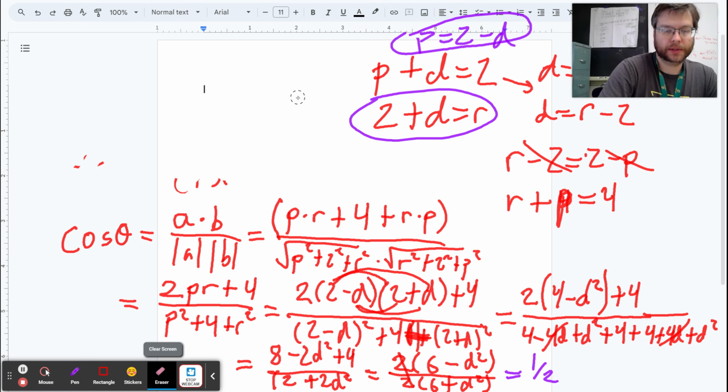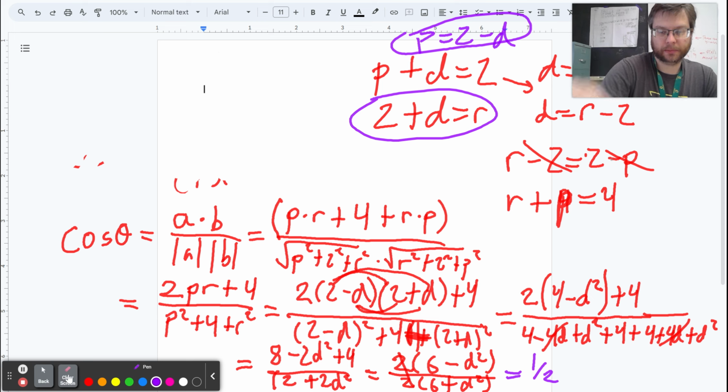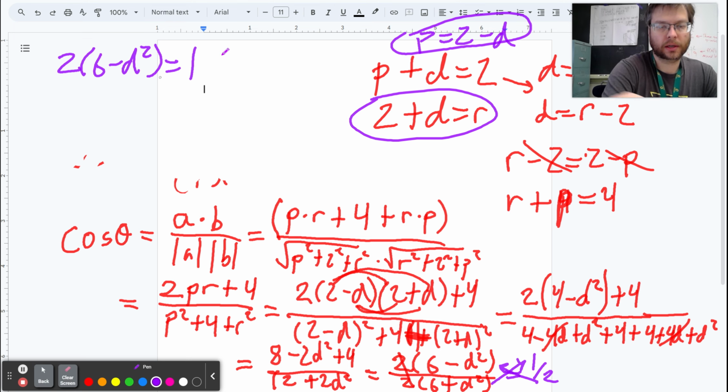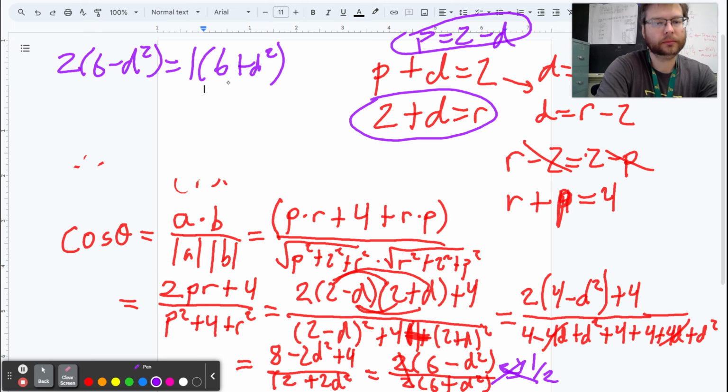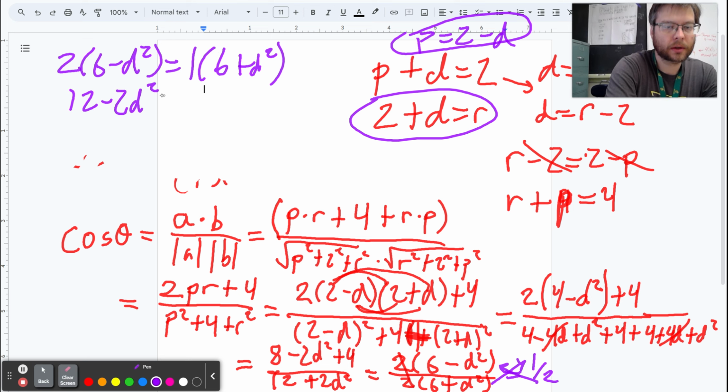Okay, so I'm going to cross multiply. So 2 times that, 1 times that. So I have 2 times 6 minus D squared equals 1 times 6 plus D squared. So I have 12 minus 2D squared equals 6 plus D squared.